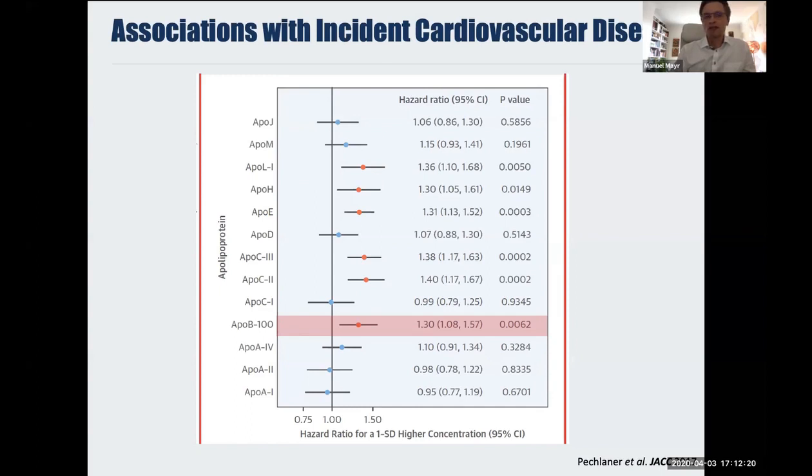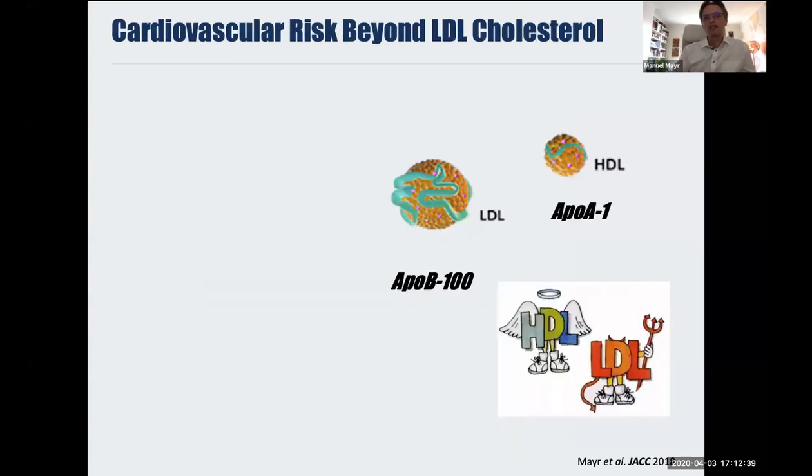However, if you look at the other apolipoproteins, you see that ApoE, ApoC3, and ApoC2 actually show a similar strength in association with cardiovascular events as ApoB 100. And in fact, in some of these cases, this association was even stronger. And what that suggests is that there is cardiovascular risk probably beyond LDL cholesterol.